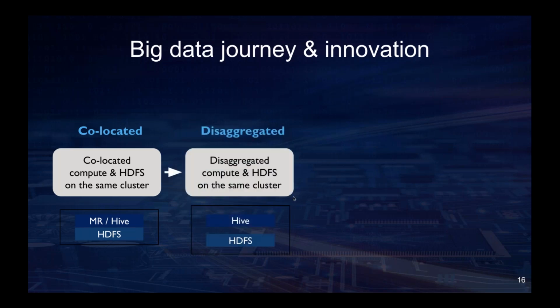Later on, people generally moved in another direction, as they realized it's very hard to scale compute and storage independently in different dimensions. Gradually, we see more and more enterprises adopting what we call a disaggregated architecture.